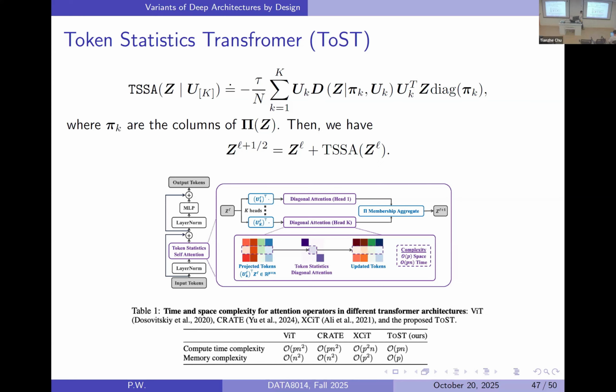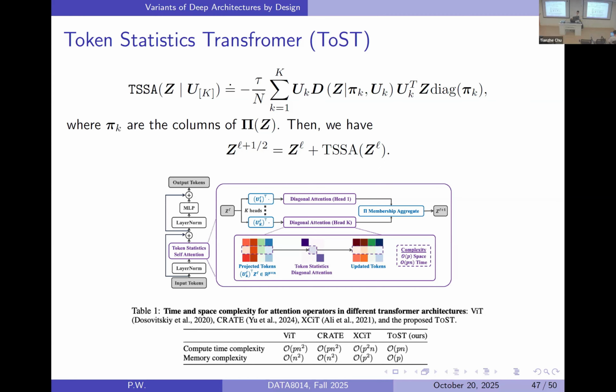CRATE is the same order. XCiT has complexity in C squared. But here, with the diagonal attention operator, we can save a lot of memory. The computational time complexity is N times P, and the memory complexity is P. That is why we call it linear time attention.